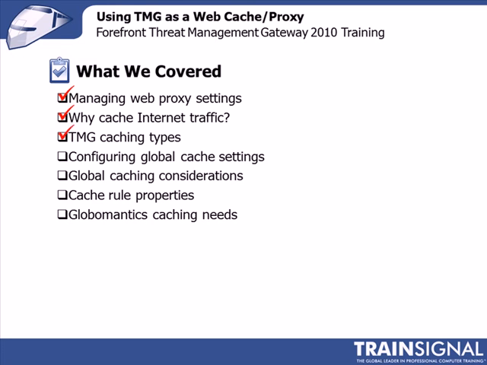You then discovered that there are a couple of different caching types available to you in Threat Management Gateway, and you learned how to configure global cache settings and what all the various options you have at your disposal are. Next up, we learned some details about some things you need to keep in mind with regard to global caching. Then we talked about individual cache rules, and then implemented some caching needs for GlobalMantics.